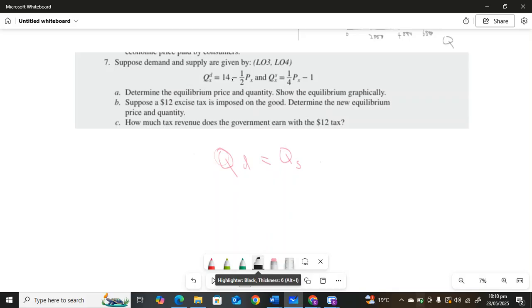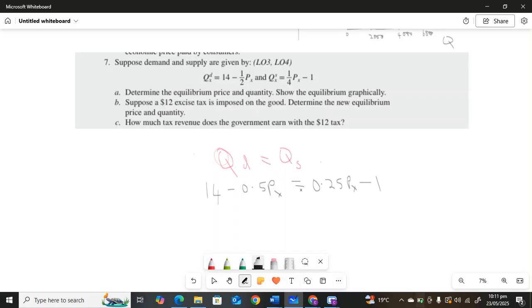So this becomes 14 minus 0.5 Px equals 0.25 Px minus 1. Basically here we're just trying to find the value of Px, the price of good X.